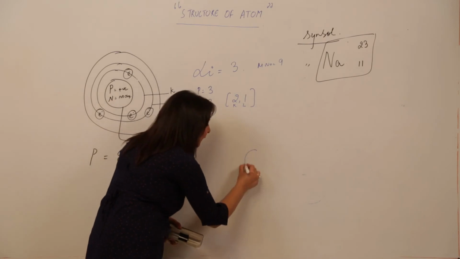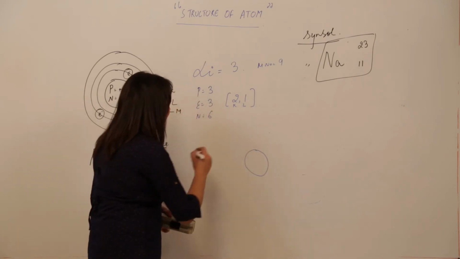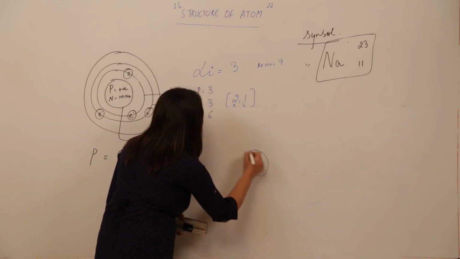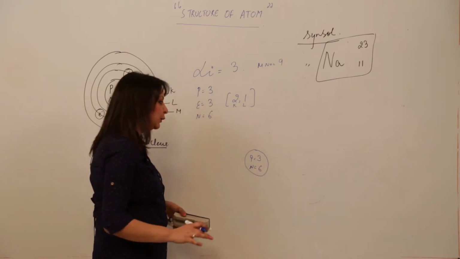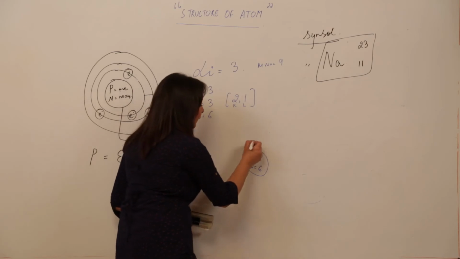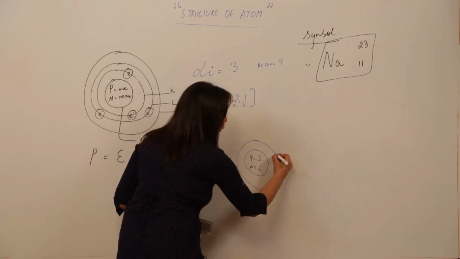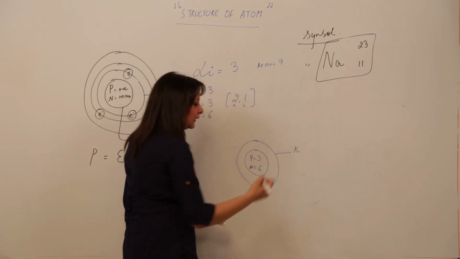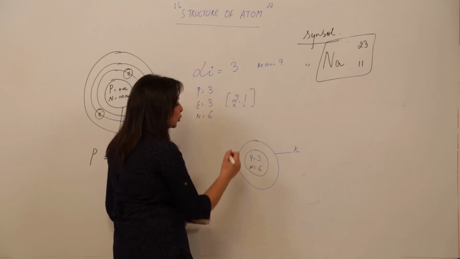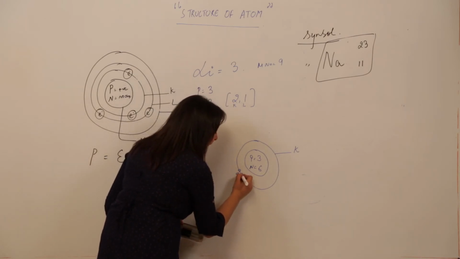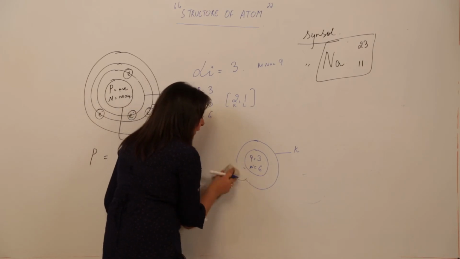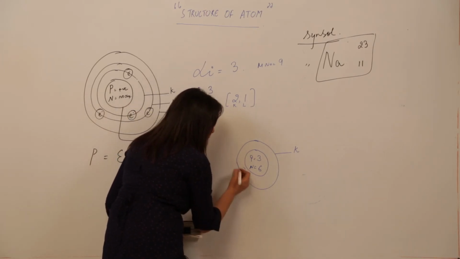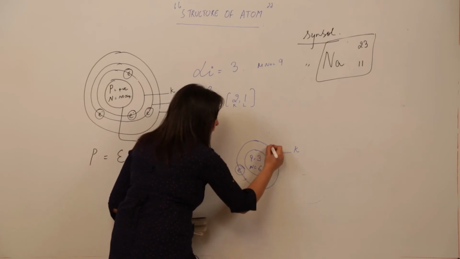See, first we will make the nucleus like this. How many protons? Yeah, 3. How many neutrons? 6. So this is the composition of the nucleus. Now we will make the shells. First shell, you know what the name is? That is K. How many electrons? 2. So either you can write 2 electrons, or if you don't want to do that, you can also make the electrons like this, revolving.